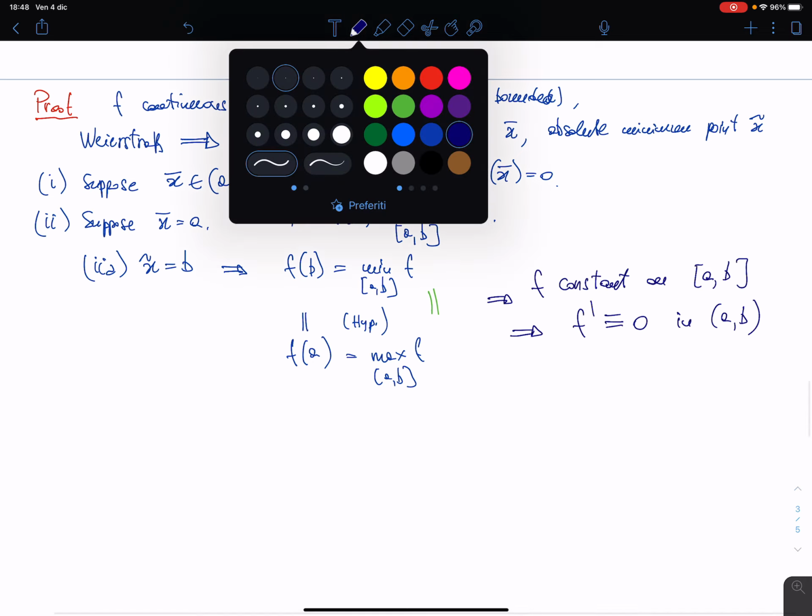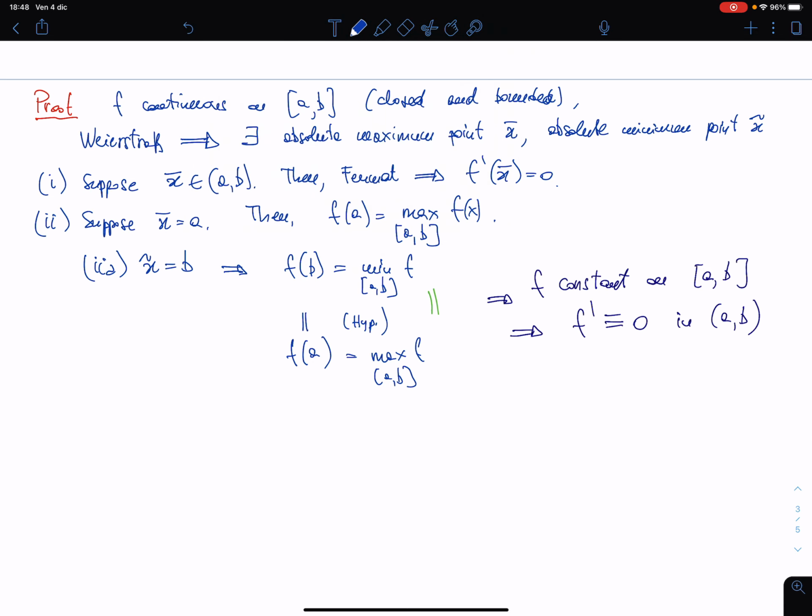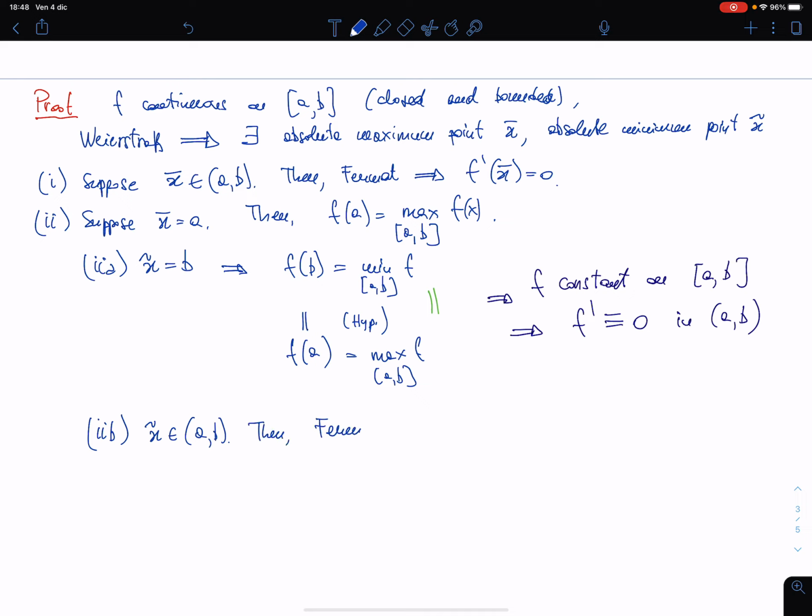Then there is the second possibility, which is x tilde is not b, the second option. So x tilde is inside (a,b). Then, by Fermat, f'(x tilde) is equal to 0.